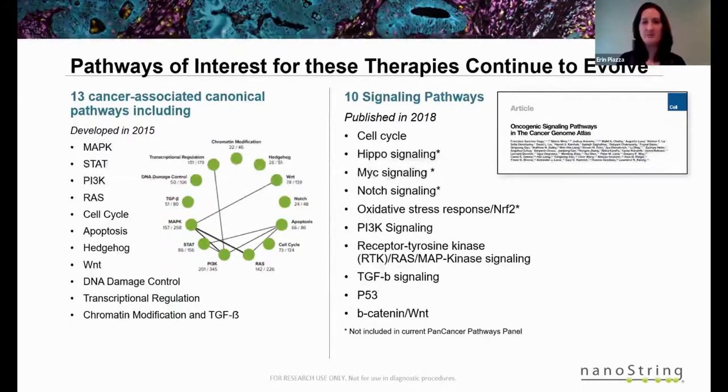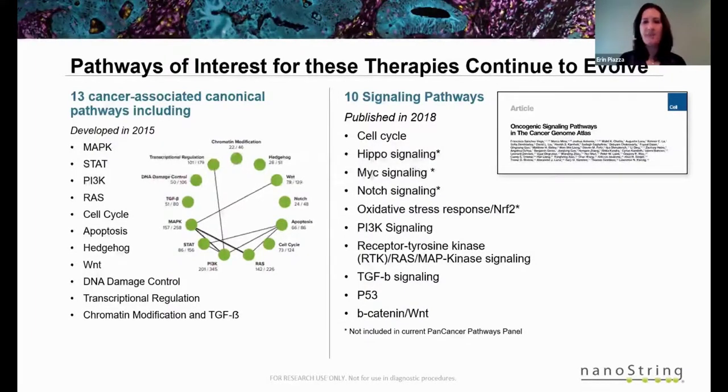However, in 2018, as many of you may remember, the Cancer Genome Atlas Consortium came out with a series of papers that highlighted some of the best results from their studies over the years and from the Cancer Genome Atlas data set. One such paper focused on oncogenic signaling pathways in cancer.